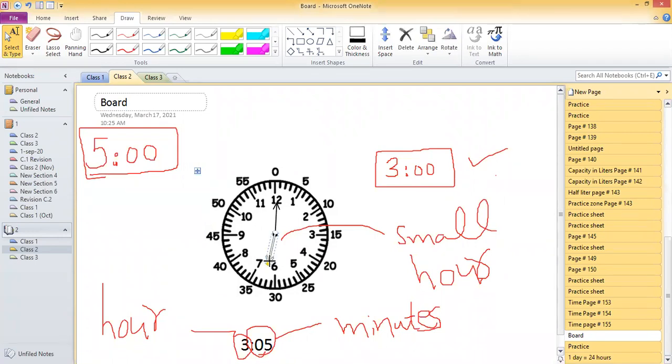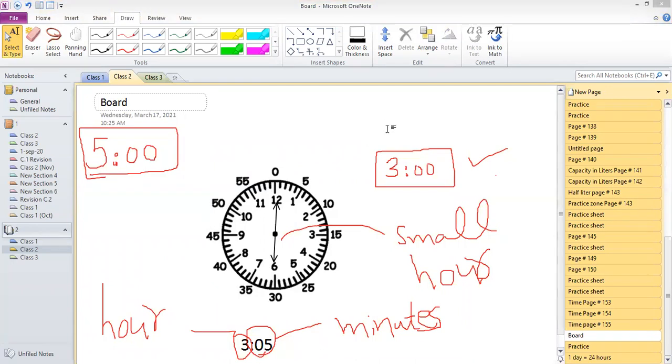It's not that it is exactly at 6 and you say it is 5 because before 6 it is 5. No, no. Until it reaches the next number, you check the number before it. If it reaches exactly 7, then you will say it is 7 o'clock. If it is at 6, or midway between 6 and 7, or just before 7, you will say it is 6 o'clock. That was what we learned yesterday.